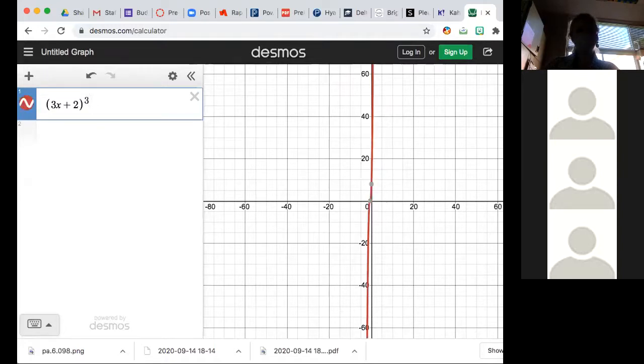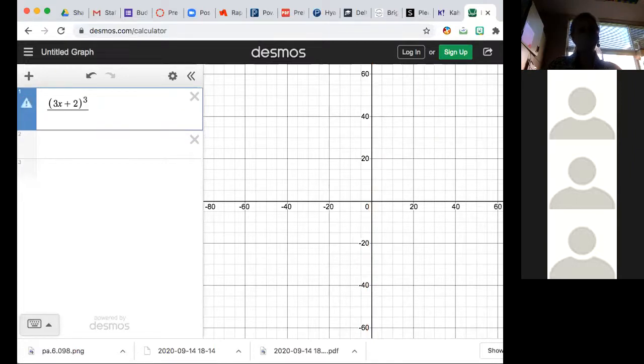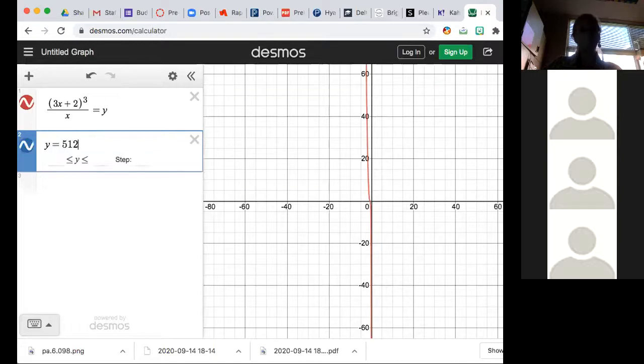Oh, hang on. You can just click the down arrow. Oh, extra credit. Thank you, guys. Okay. Equals y. Okay. Ooh, y equals 512. Okay, so that's the first way you can type it in.